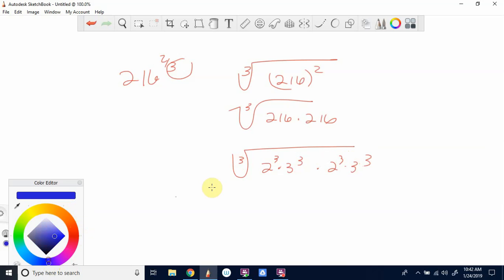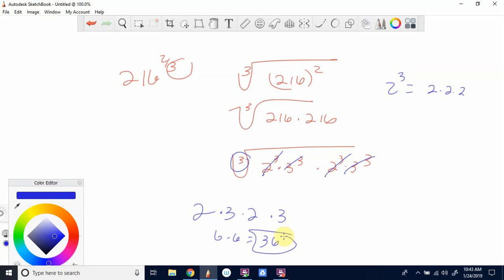I need 3 factors. Doesn't this 2 cubed by definition mean 2 times 2 times 2? So I have 3 factors, so I can take 1, 2 out, 1, 3 out, I can take another 2 out. I'm doing 3 because my index is 3. And then I can take another 3, I have nothing left, and I'm left with 6 times 6, which is, well, same thing we got. We just did it a different way. All right, pause this, do guided practice 2A and 2B.